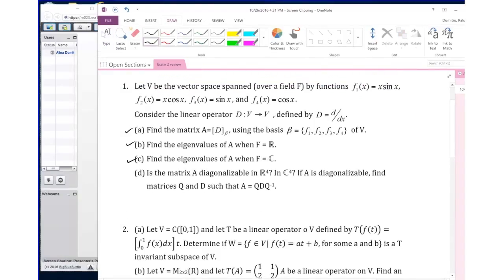Okay, part D. Is the matrix A diagonalizable when F is R? Why not? It has no eigenvalues. Well, actually, that theorem for diagonalizability was requesting two things.